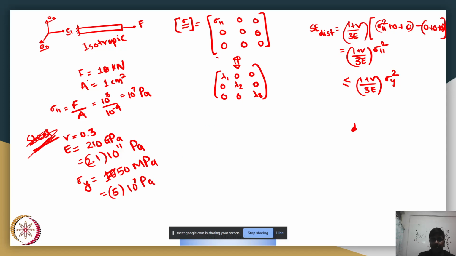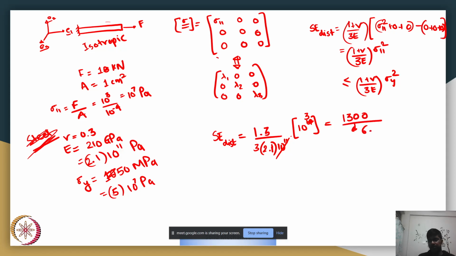And if I calculate my strain energy of distortion for this particular body, it would be nothing but 1.3 upon 3 times 2.1 into 10 to the power 11, into sigma 11 square, which is 10 to the power 14. So this is 10 to the power 3, which is 1000. So 1300 by 6.3. This would be your distortion energy.